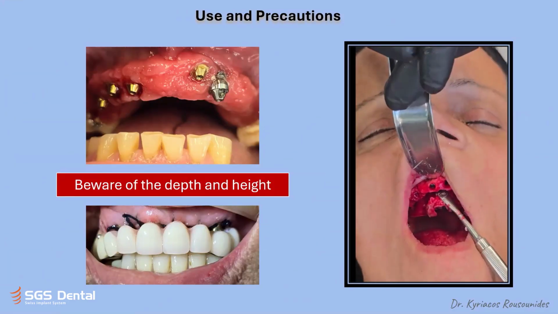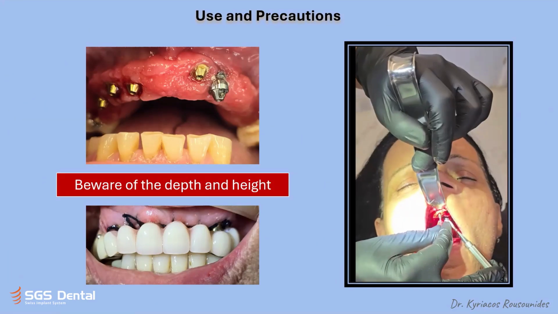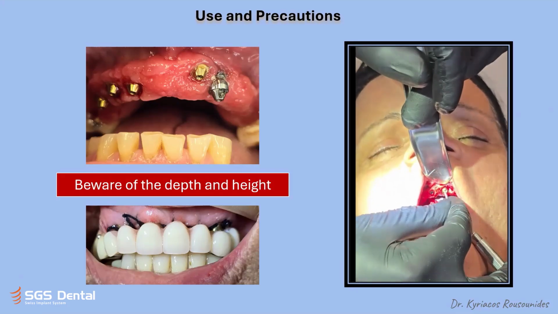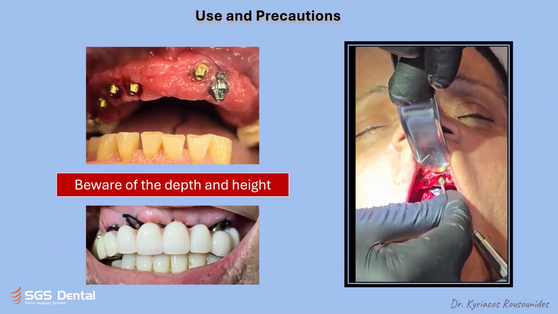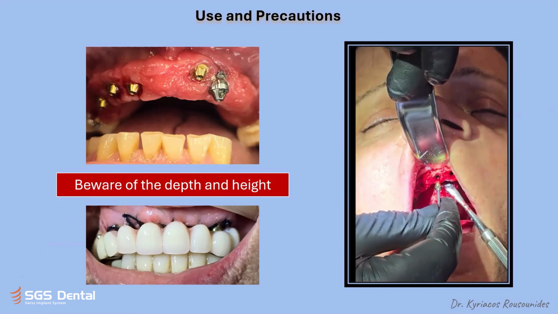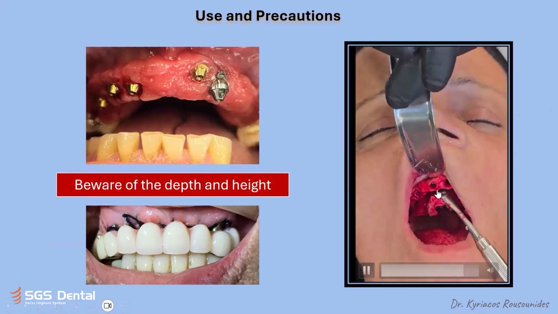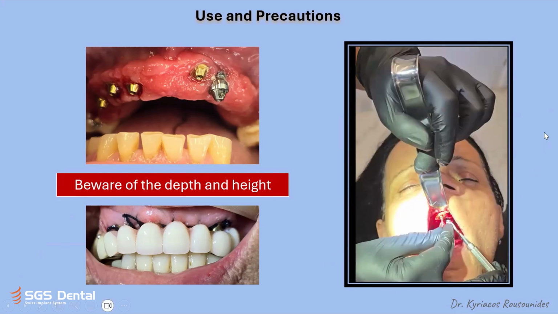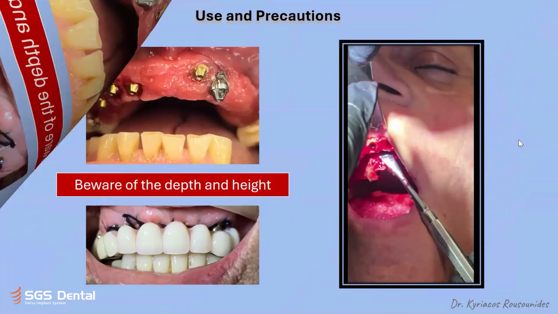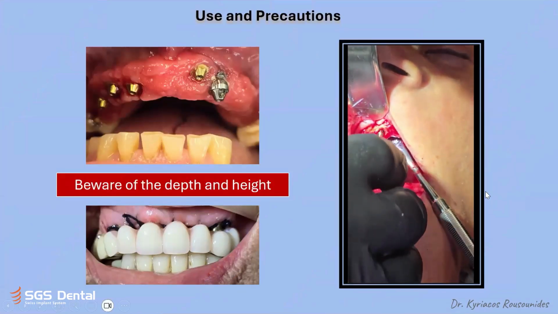And if we need to place angulated multi-unit abutments, we have the bone touching in this bony part, or the parietal part. How do we solve this?